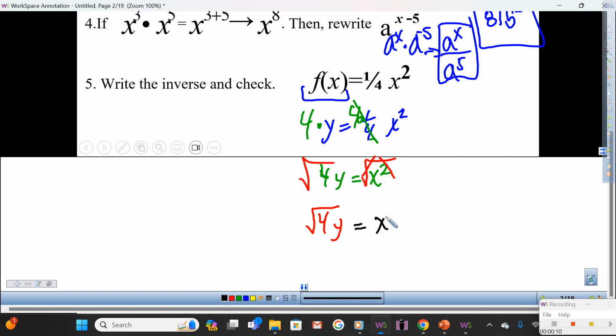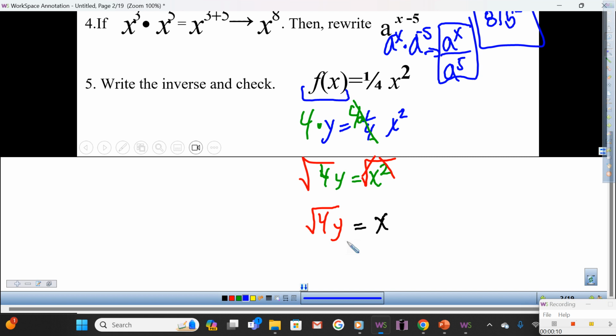However, is that the inverse? No. Tell your neighbor what's going to make it the inverse. Martin, pass someone. Brandon Doherty. What makes it the inverse?